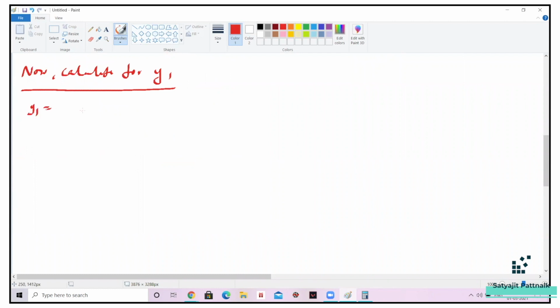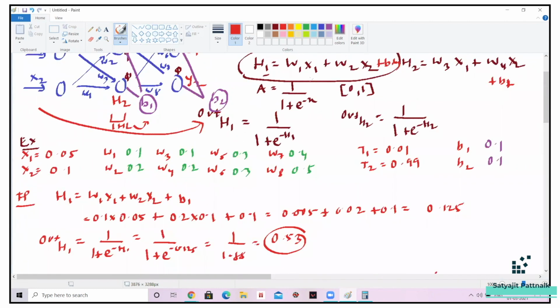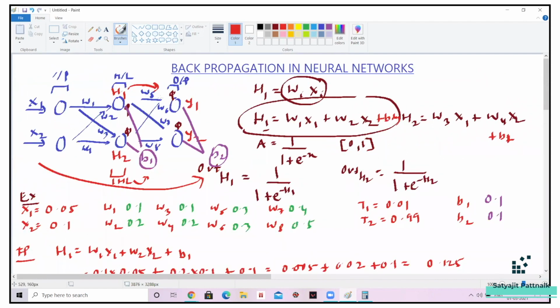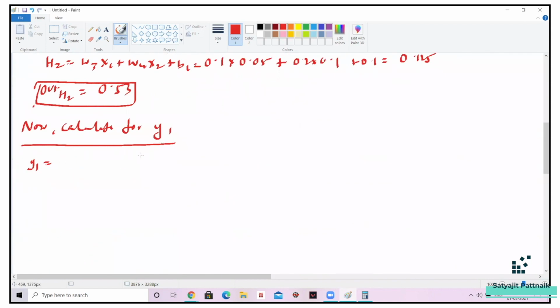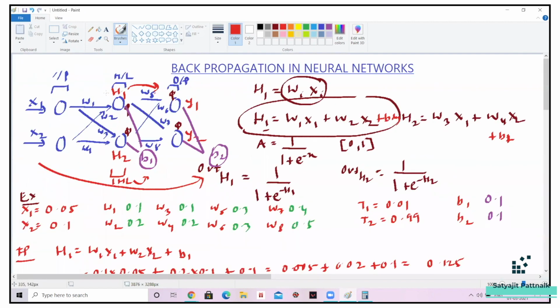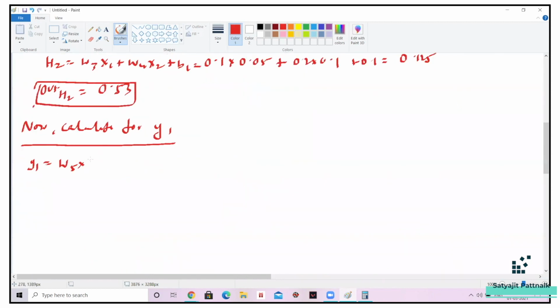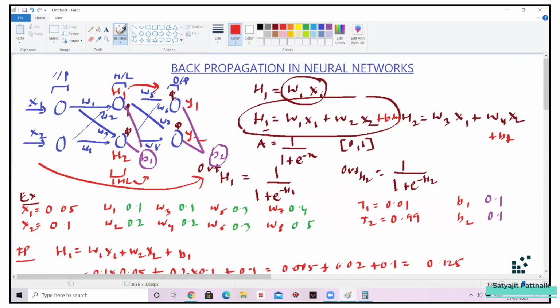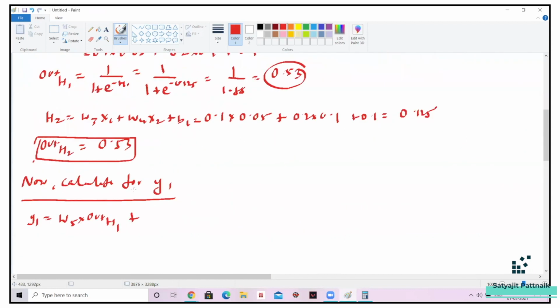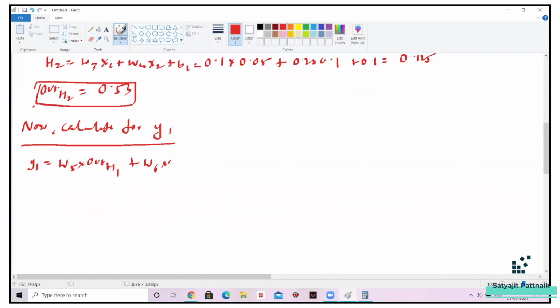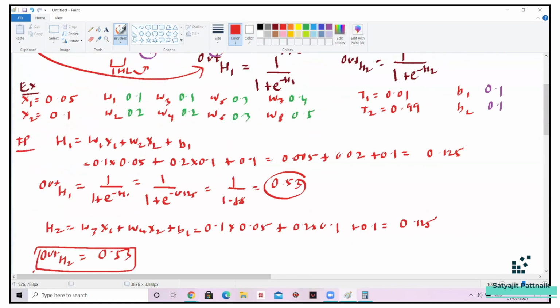So what will be the value of Y1? Similarly, it's Wixi, we'll take the same approach. This will be W5. What is xi? xi means the input. So the input to this layer is the output of H1. So W5 into the output of H1 plus W6 into the output of H2 plus B2. What is W5?